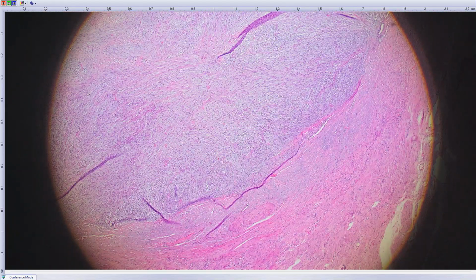And the lesion was immunohistochemically positive for CD10, positive for cyclin D1, smooth muscle actin, negative for hormone receptors, and negative for desmin.